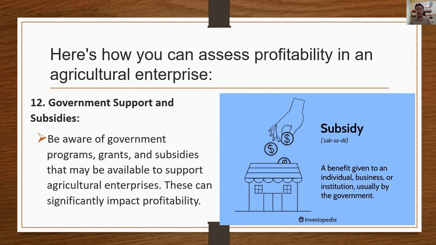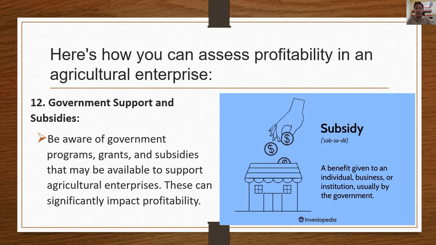Next is government support and subsidies. When we say subsidy, this is a benefit given to an individual or business or institution, usually by the government. So we need to be aware of some of the programs or grants and subsidies that may be available to support agricultural enterprises.